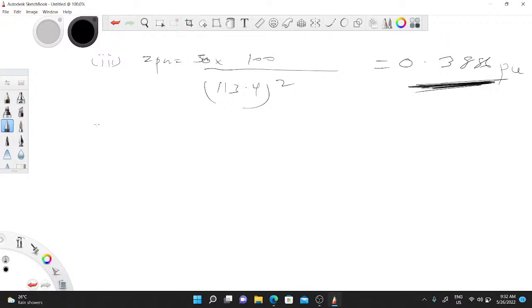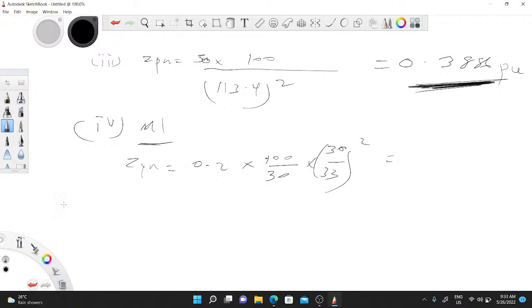The next is for us to find the values for each of the motors. For motor 1, our ZPU new is our ZPU old times MVA new, 100, over the first motor's MVA, 30, times V old, 30, over V new, 33, squared.